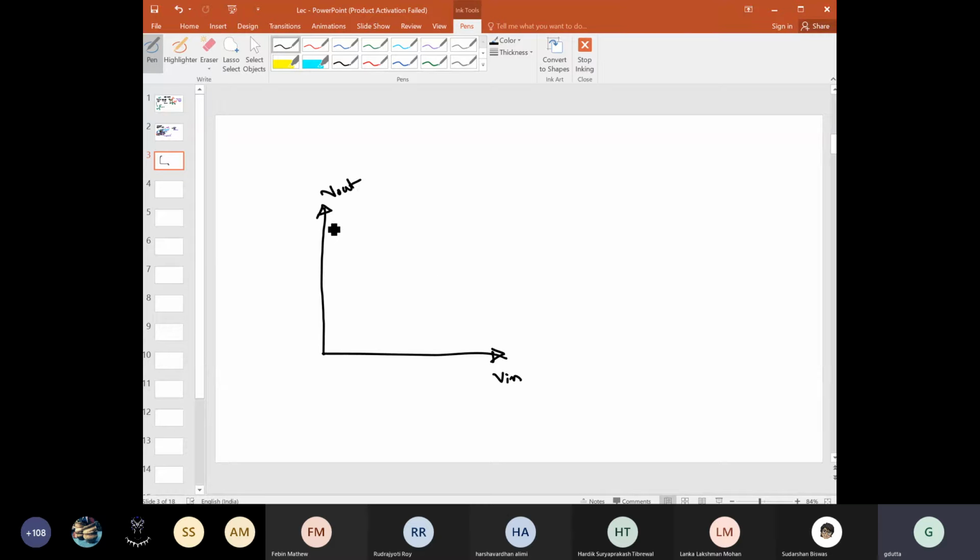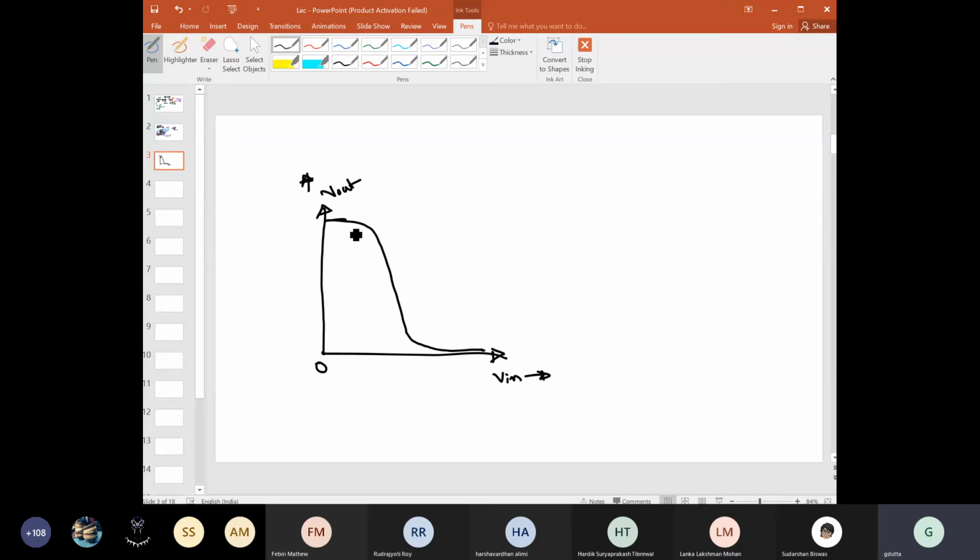Okay, and the characteristics will be like this. So this is 0 volt from input point of view as well as from the output point of view. And this is the input voltage increasing, and this is the output voltage increasing in this way, right?